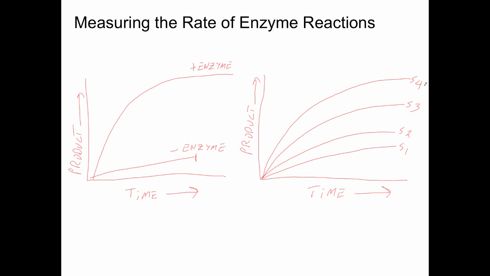And from this we can extrapolate a velocity. So the rate of a reaction and the velocity are influenced not only by enzyme, but also substrate concentration.